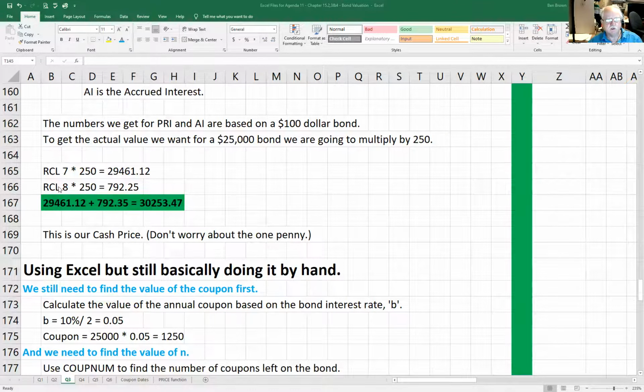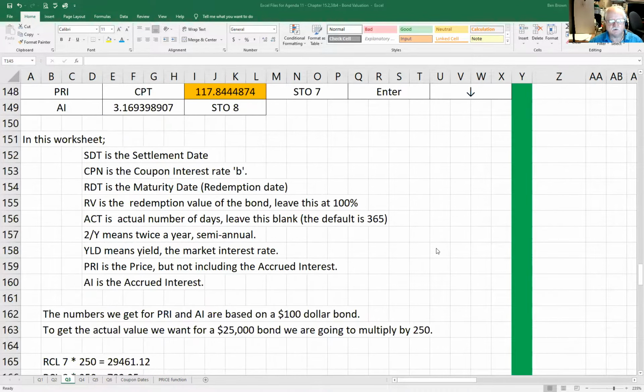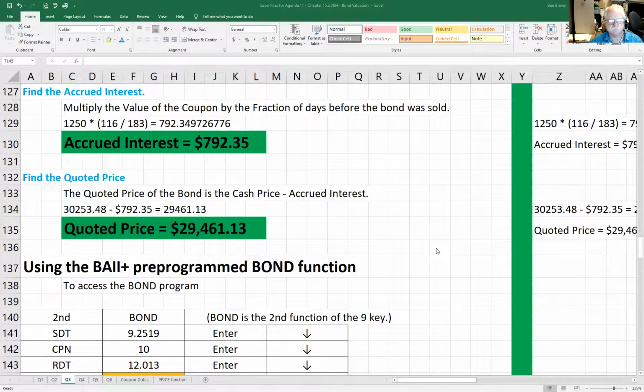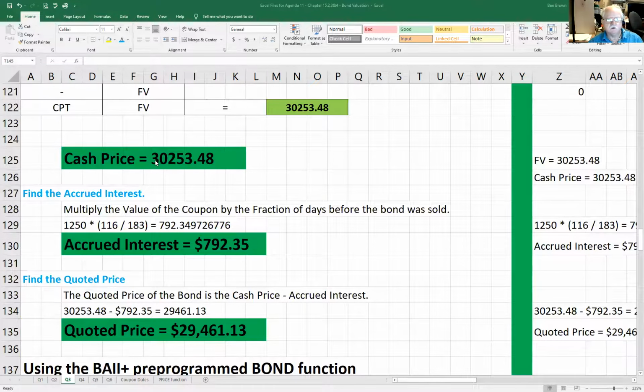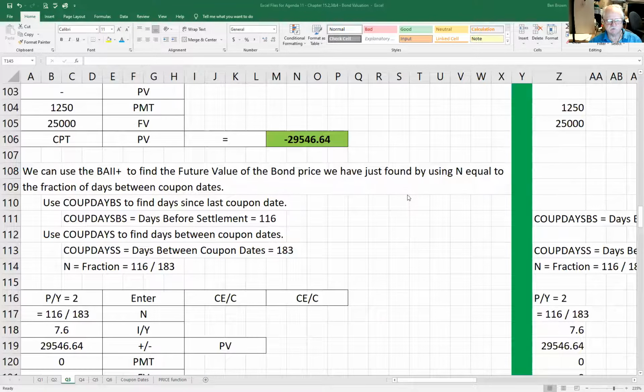And then recall 8 times 250 and I get this number. And if I add them together, I get this 30,235.47. And if we go back up to all these other calculations we did, notice we're only 1 penny different here. 30,235.48 on the BA II Plus.